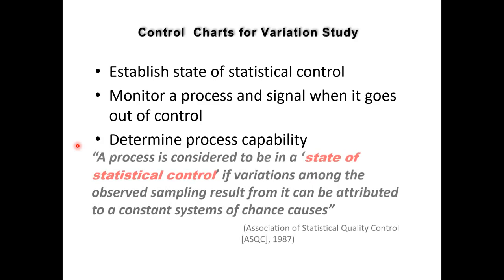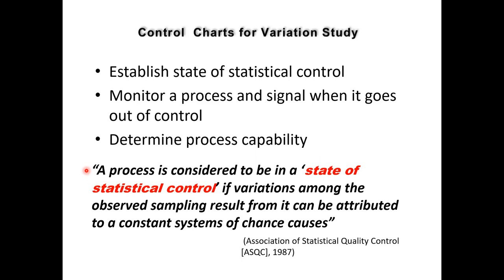A process is considered to be in a state of statistical control if variations among observed sampling results from it can be attributed to a constant system of chance causes.